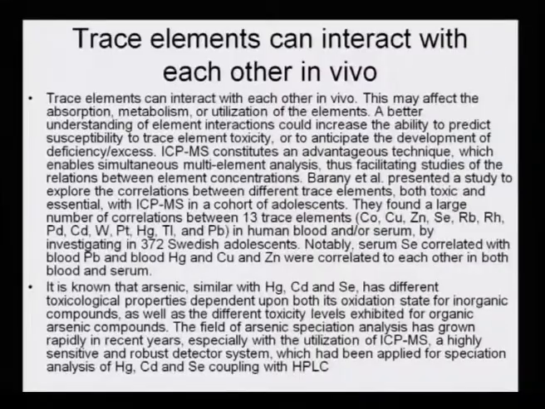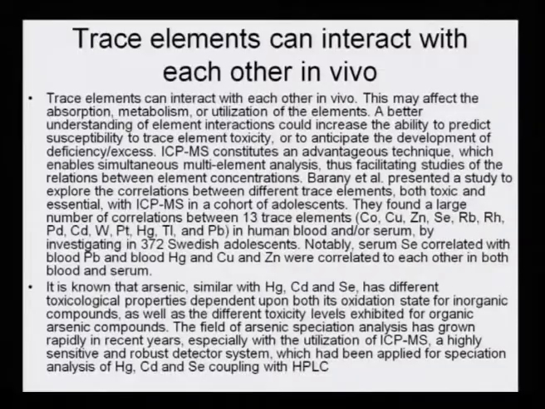Notably, serum selenium correlated with blood lead and blood mercury, and copper and zinc were correlated to each other in both blood and serum. So, this kind of correlation study also could be done with both toxic as well as non-toxic or essential elements in the body fluid.